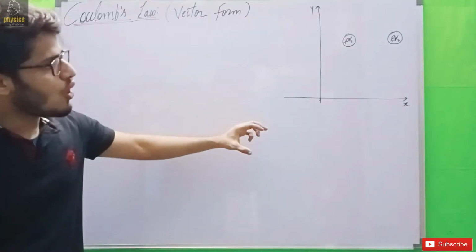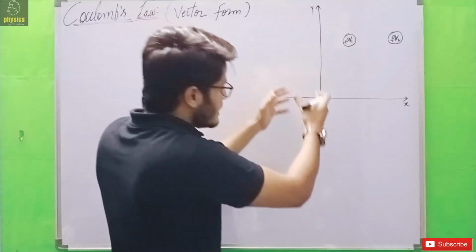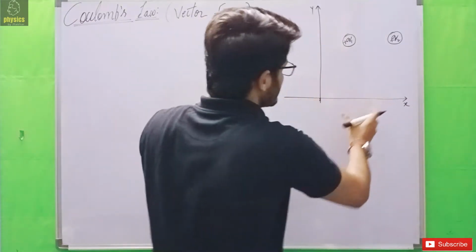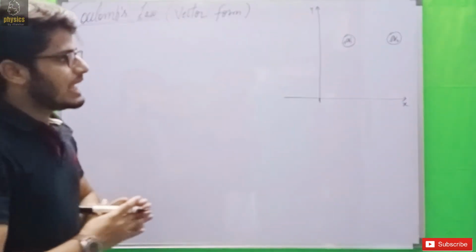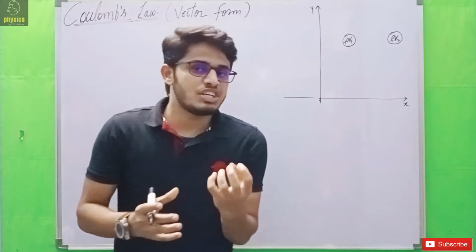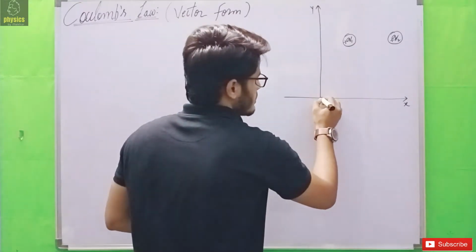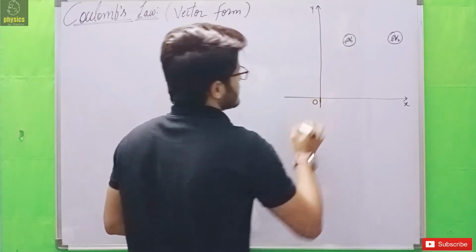So distance of Q1 from the origin. What is the use of using a coordinate system? It will help you give the distances from the origin. We are measuring everything with respect to this particular origin.